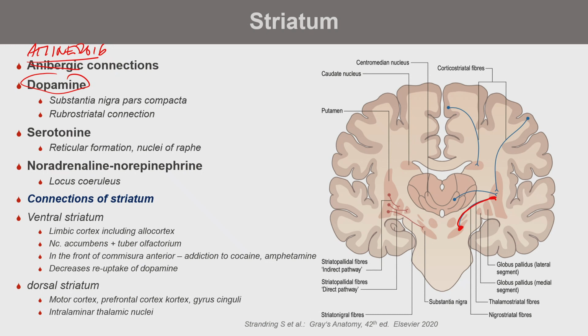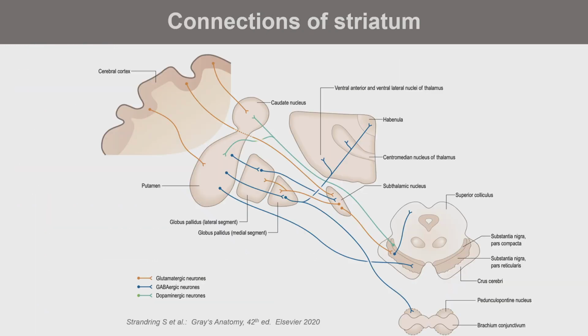But they have also some connections using noradrenaline and serotonin from locus coeruleus and reticular formation. And then it's important that the striatum has connections related to the functions of the limbic system, and also with the motor and sensorimotor system.